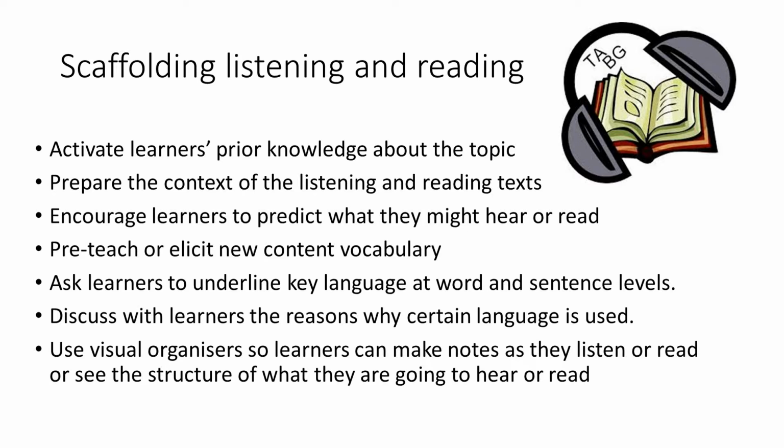It's usually done at the end of the lesson. After they did reading for gist and reading for specific information, now they can read for detail and think about the reasons why certain language is used. They can think about the function of the language.